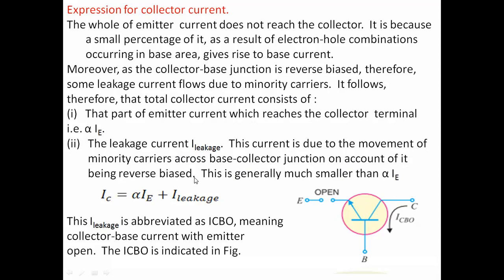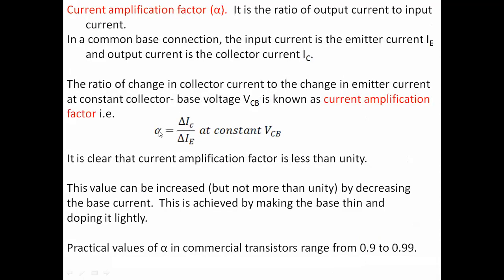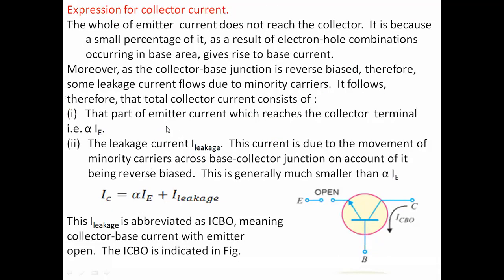So from before, alpha equals IC by IE, so IC equals alpha into IE, and both currents constitute the collector current.